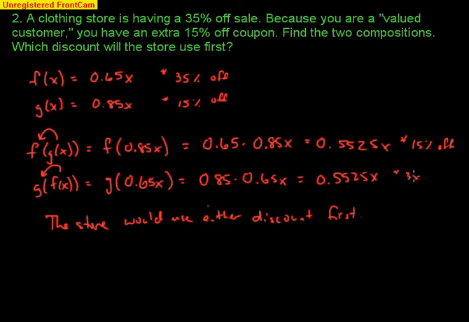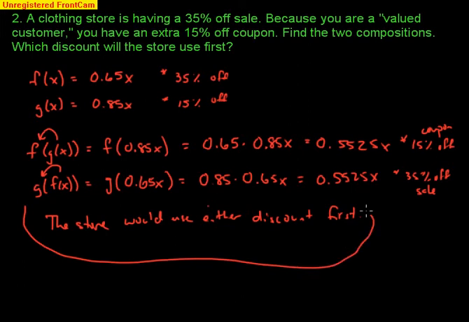But in the bottom one, it's saying, let's do the 35% off. So you have the coupon first in the first composition versus the sale first in the second one. And again, it doesn't matter. The store would use either discount first because the compositions come out to be the same. It's not always like that, so you need to pick the one that would make the customer pay more. That's what the store wants, for you to pay more money.